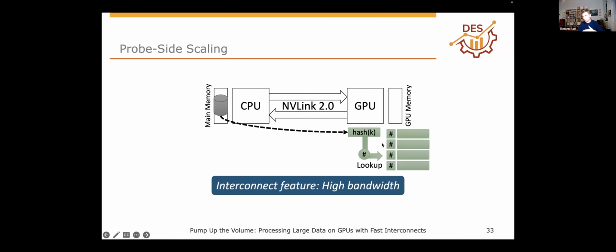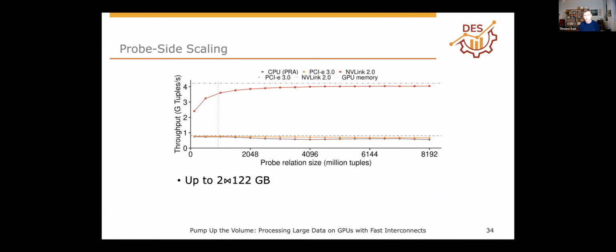As we know, the GPU is highly parallel. And if we do this, then for the probe side scaling, we can see we can go even beyond GPU memory with the probe relation size, which of course makes sense, right? So in this case, we're joining a 2 gigabyte table with an up to 122 gigabyte table.